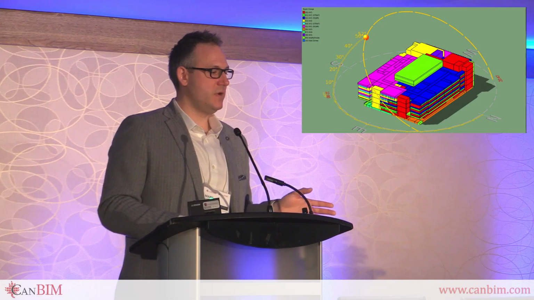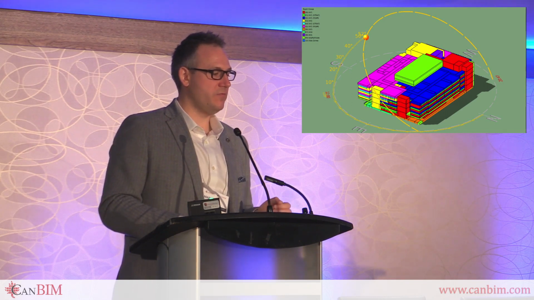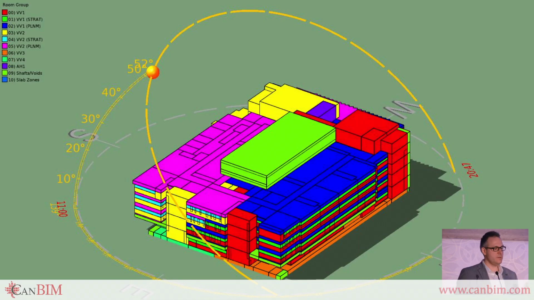So there's got to be a better way to do this, although what's important about these slides is not so much the fact that it is a bit of a painful process, but the amount of detail that we get in this. This is a diagram that basically shows how the mechanical systems, color-coded, each mechanical system, what element of the building it's serving.